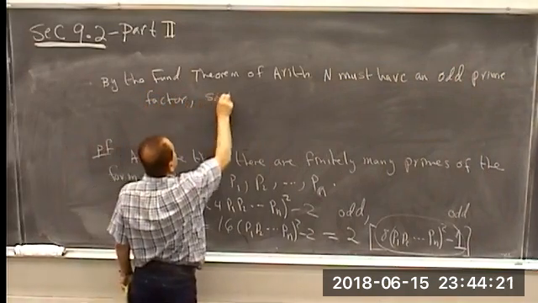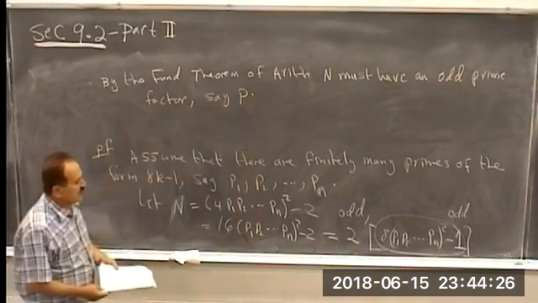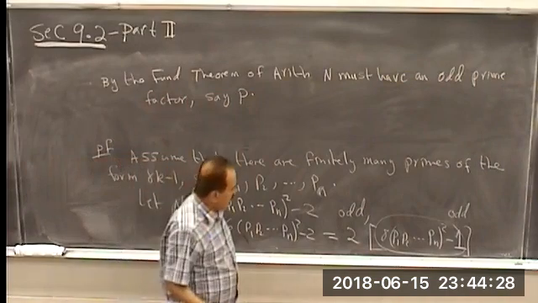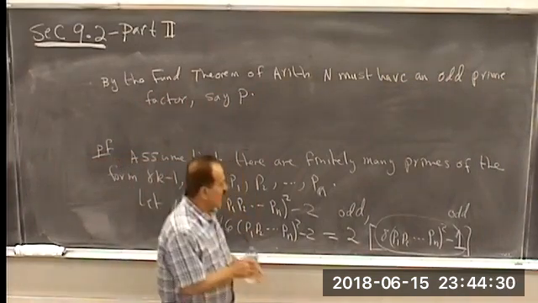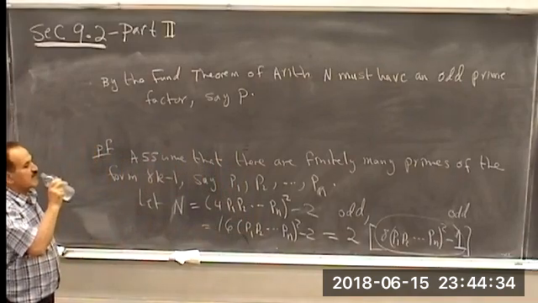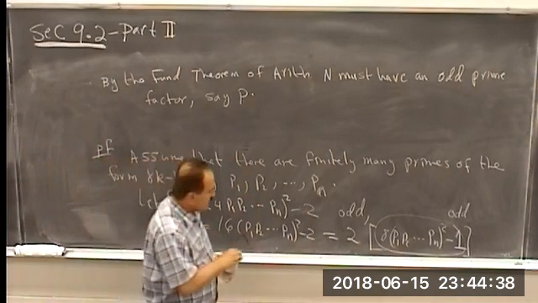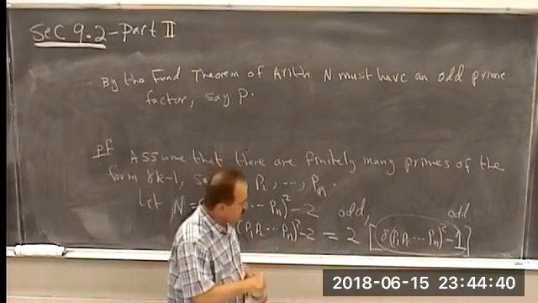Let's say, again, I don't know what type of prime factor this is, but we know that it must have one. Because n is not a prime itself, it is 2 times an odd number.